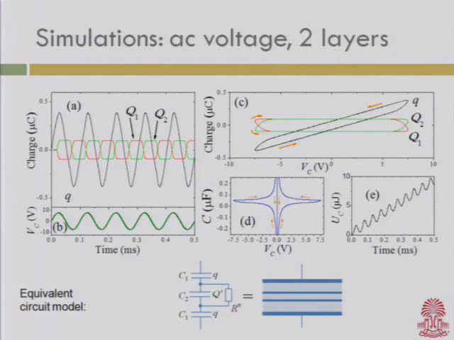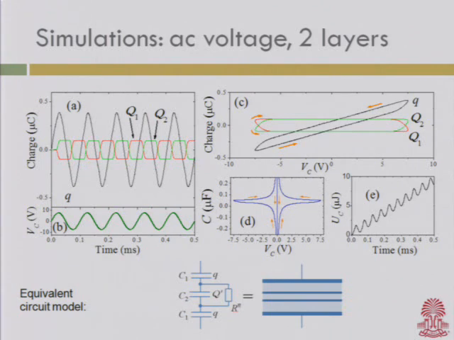And here you can see some results of the simulation. What is interesting is that in this system, the QV plot is not a pinched hysteresis loop, and in the dependence of capacitance on the voltage, we can observe that capacitance can be zero, and it can also be infinite.